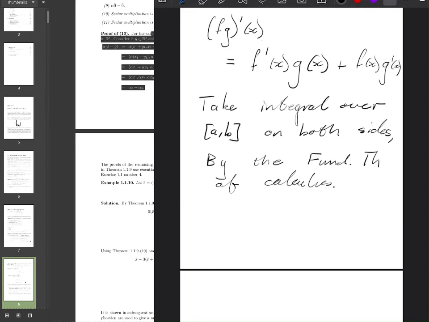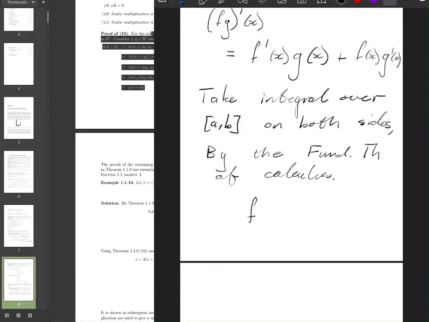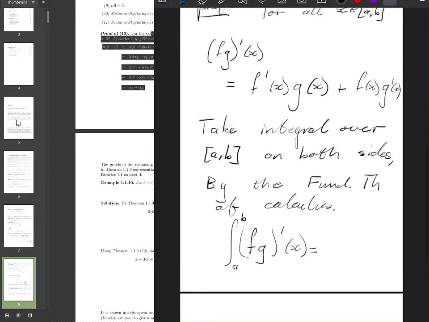If we take the integral on both sides, we take the integral from a to b of this derivative. On the other side, what do we get?